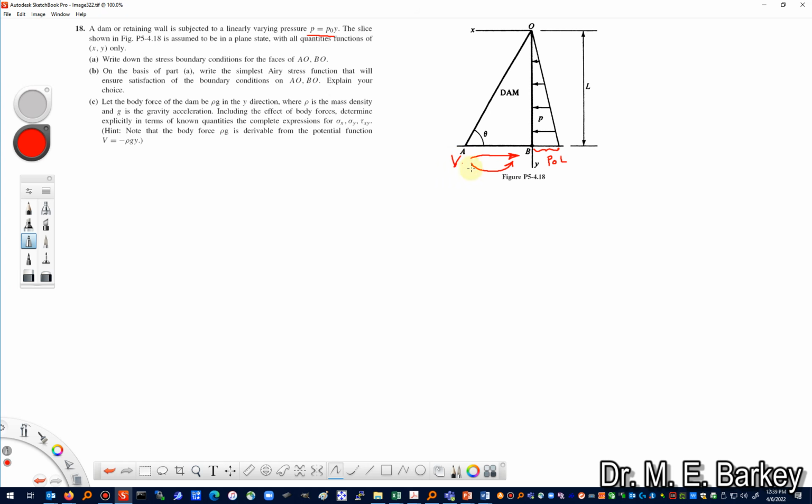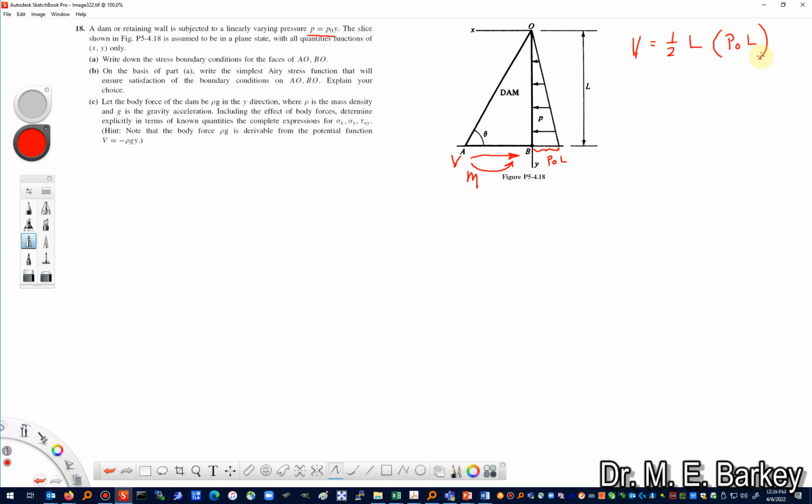So let's call this V and we'll call this M. The resultant force should be equal to the area of the triangle, so it's 1/2 the base times this thing at the end, p naught L.